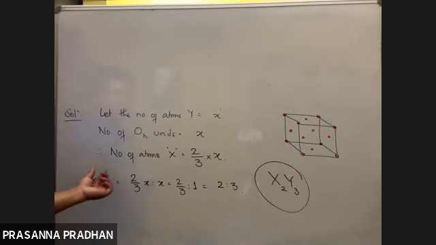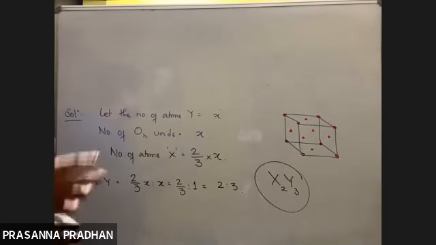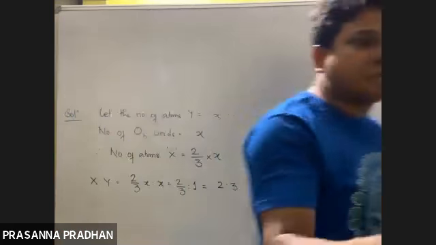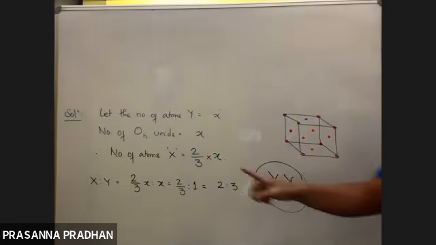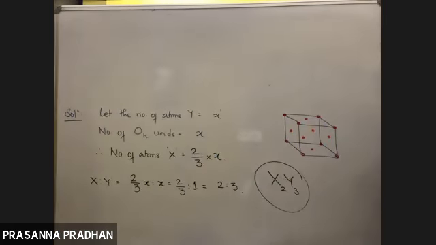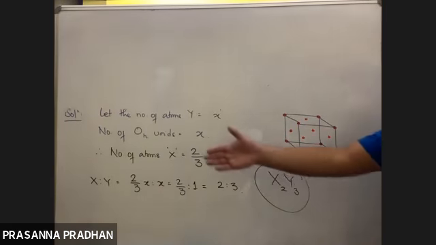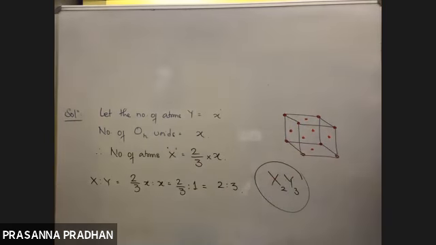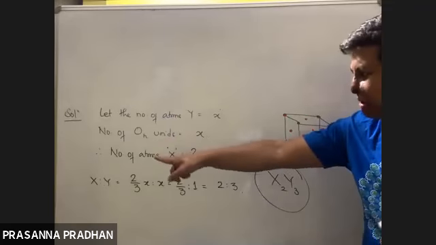So what is the ratio of these atoms? What is the molecular formula of a compound? It gives us the ratio of exact number of atoms present in a molecule, right? So obviously we need the ratio of each of the atoms. To find out the molecular formula, you need to know the ratio.